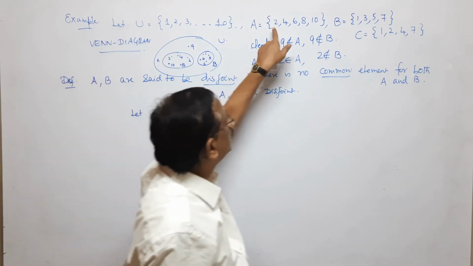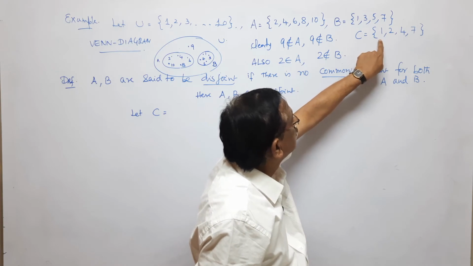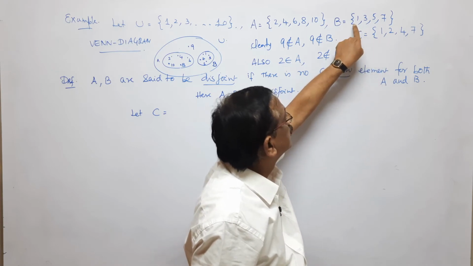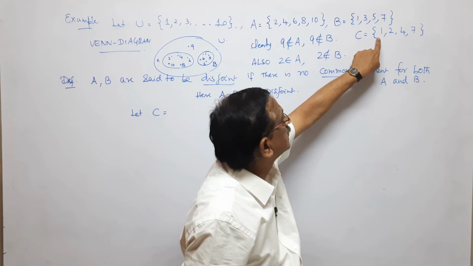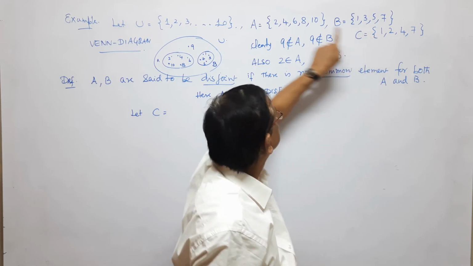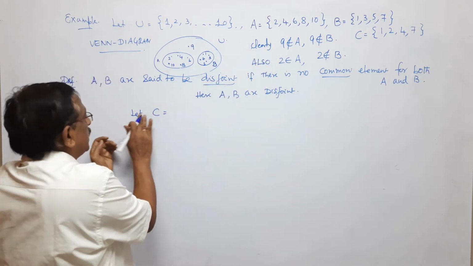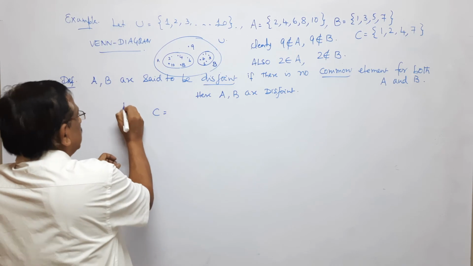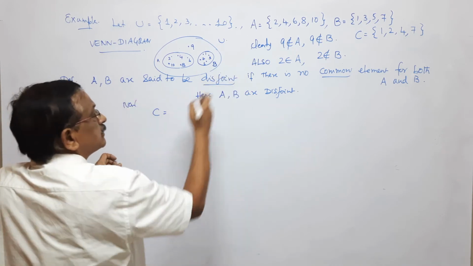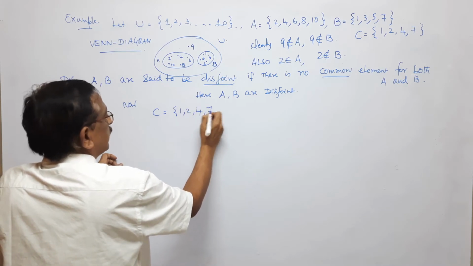If I write 1, 2, 4, 7, see, every element of C is not an element of B. Similarly, every element of C is not an element of A. So what is the connection between C and A and B? So C is 1, 2, 4, 7.